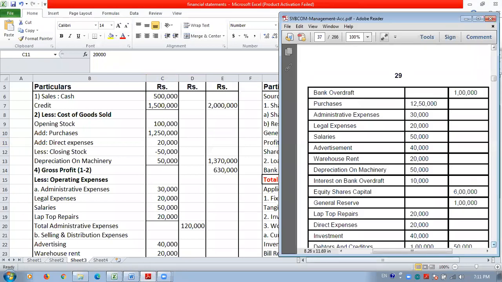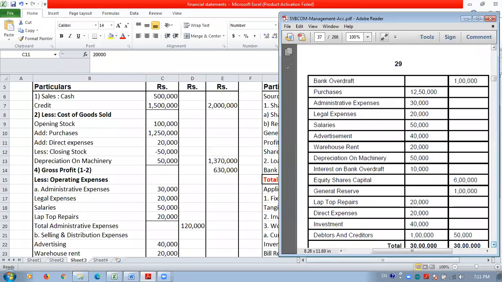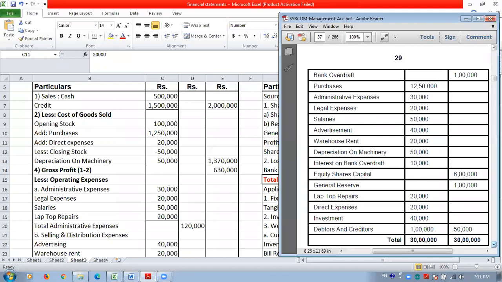Then the next items are your debtors and creditors. Sorry, investment is already stated. Debtors are your current assets and creditors are your current liabilities. So debtors appear on the asset side and creditors appear on the liability side.